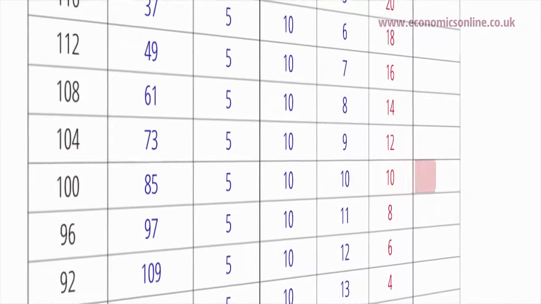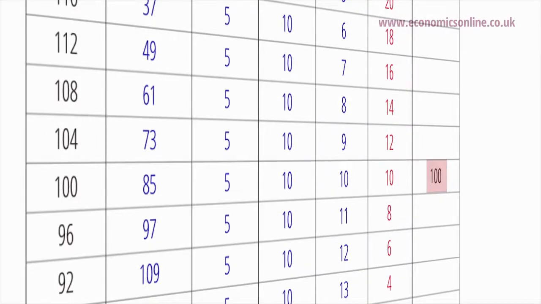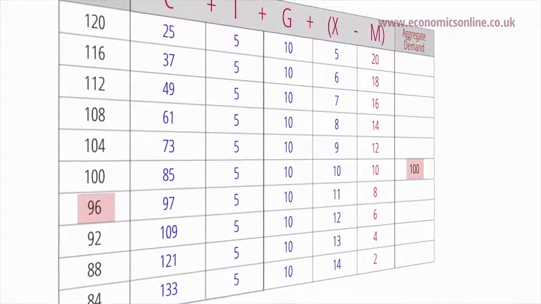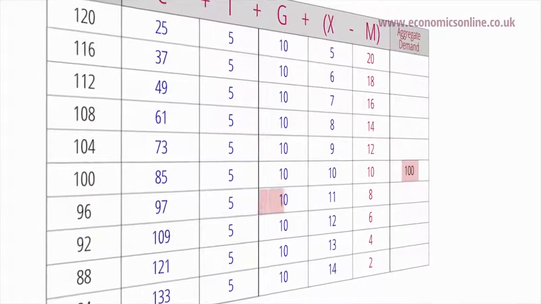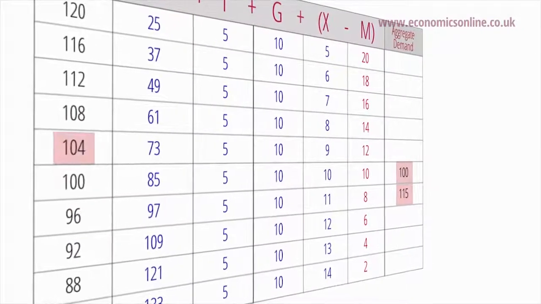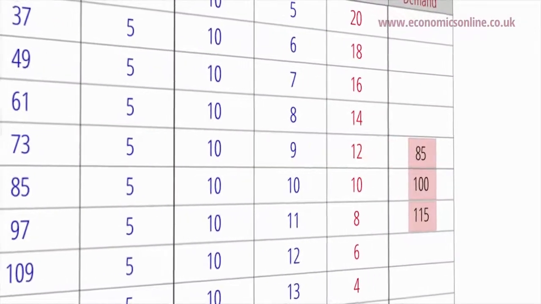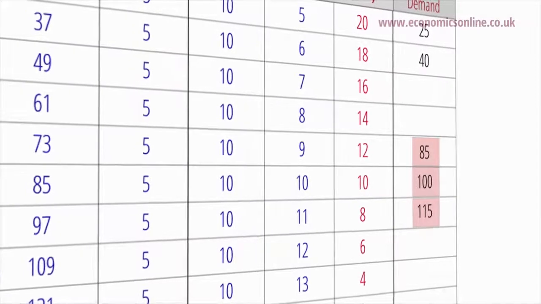This gives us an AD of 100 billion. At a lower hypothetical price level, say at 96, AD increases to 115 billion, and at a higher price level, at 104, AD falls to 85 billion.